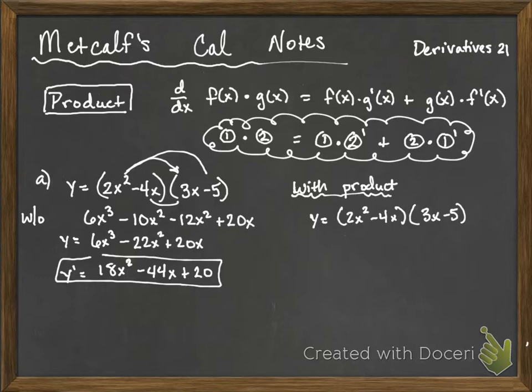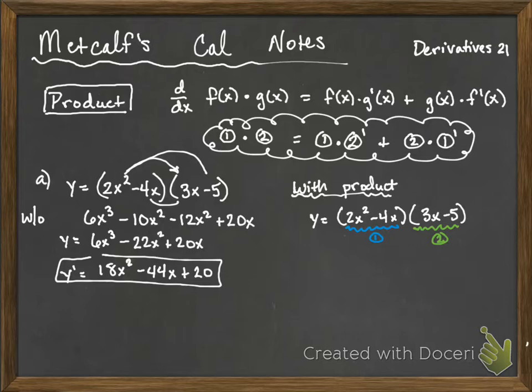We have two pieces. My first piece, my 1, so to speak, is that, and my 2, which I'm going to do in this light green color, is 3x minus 5. So I'm going to use my rule: 1 times 2 prime plus 2 times 1 prime.